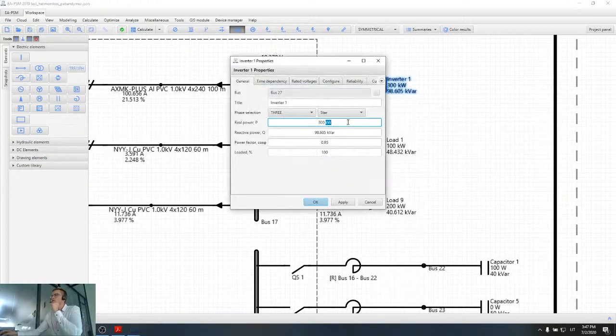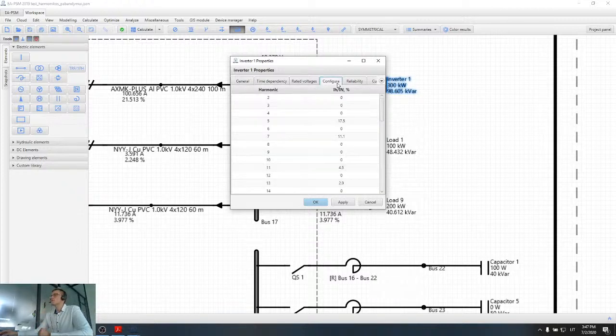You have to specify the inverter power, first of all the active and also the reactive current of the load, and also you have to specify the harmonics and the value of the harmonics that are generated by this load.